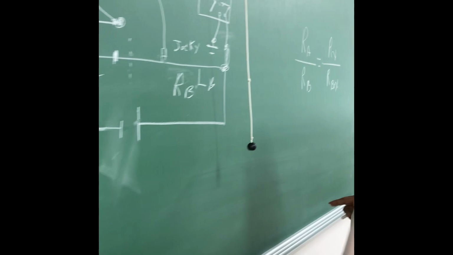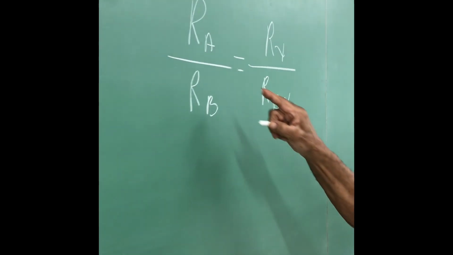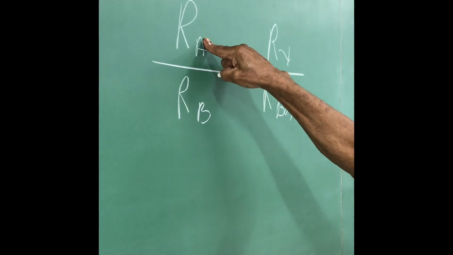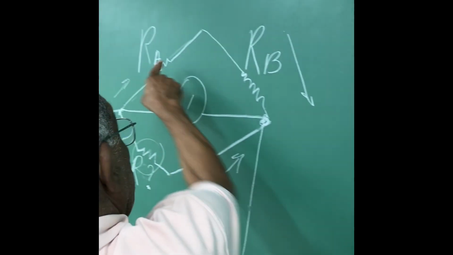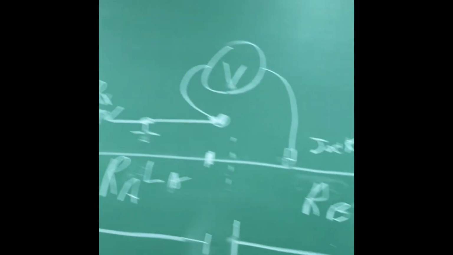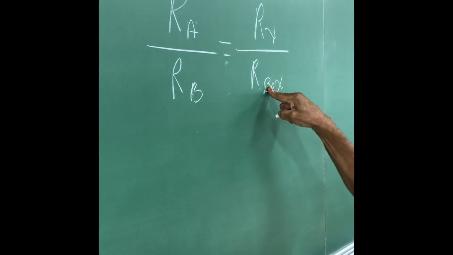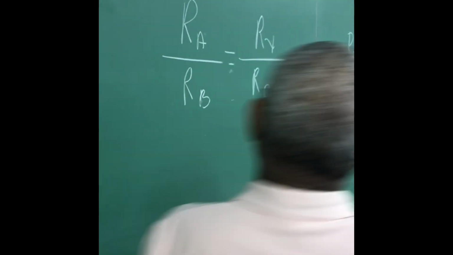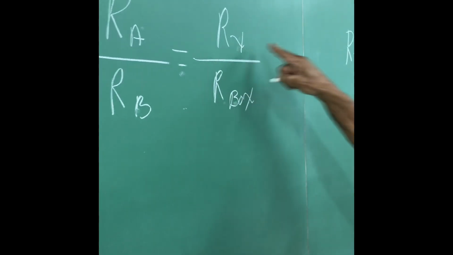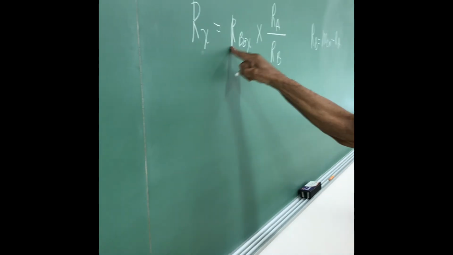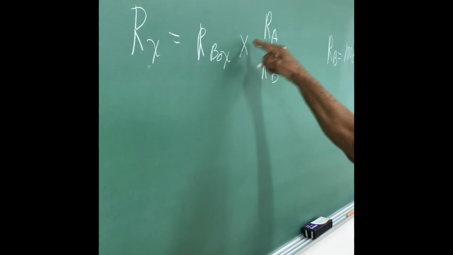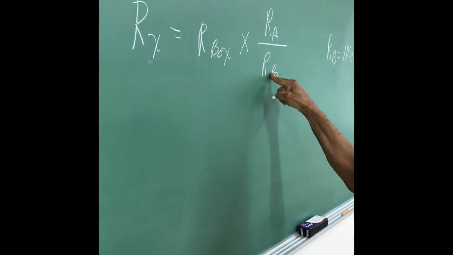So here we have RA is to RB, as RX is to R box. So when we solve for Rx, we'll have R box times RA over RB.